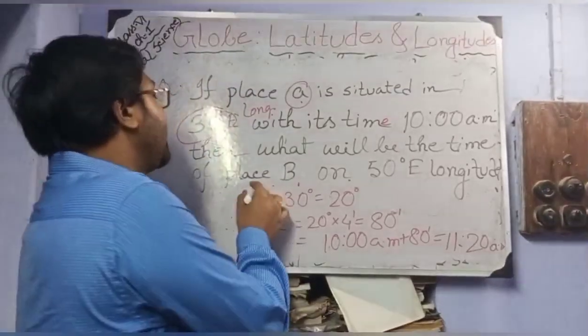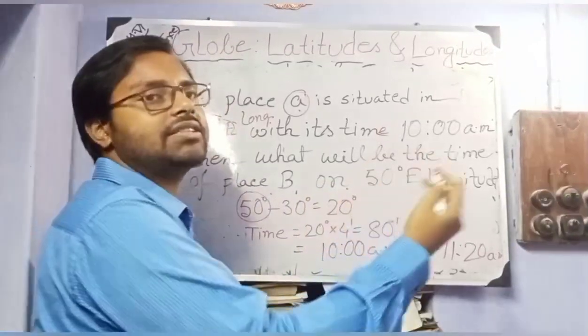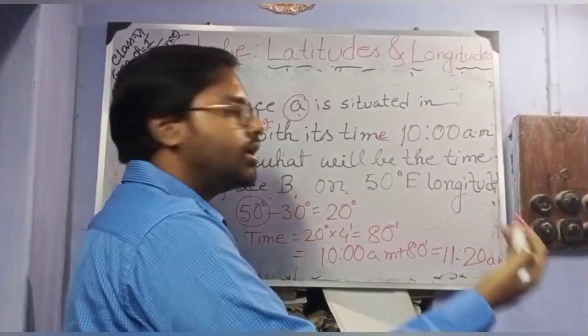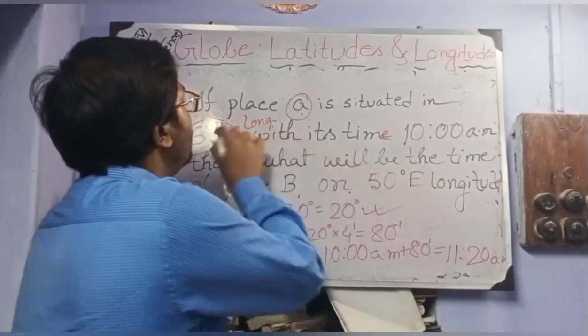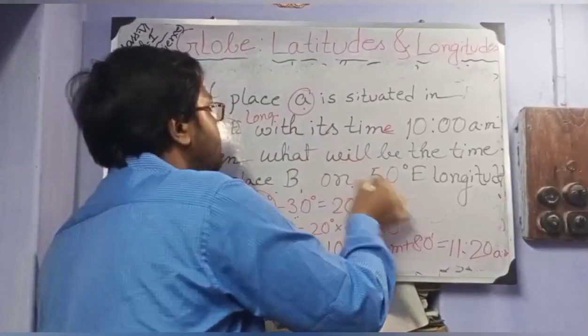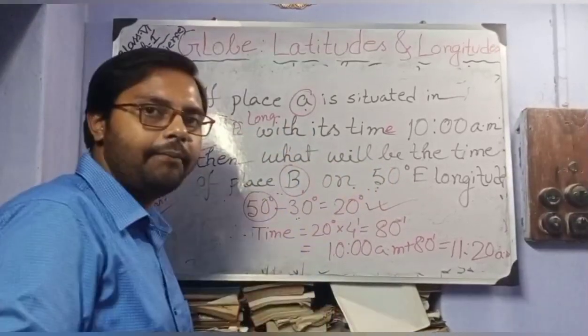Simple. 50 degree east means how many longitudes it is ahead of that. 50 degree minus 30 degree, that is 20 degrees more. Place B is 20 degrees of longitude more than place A.